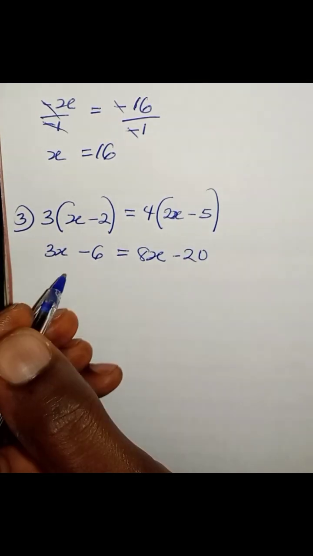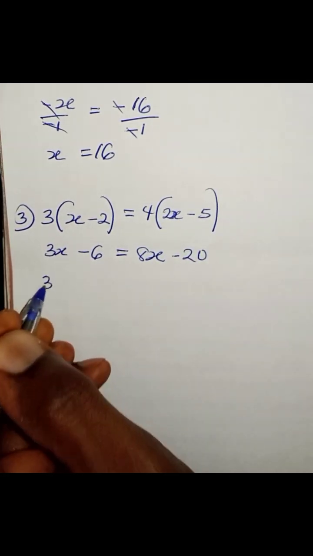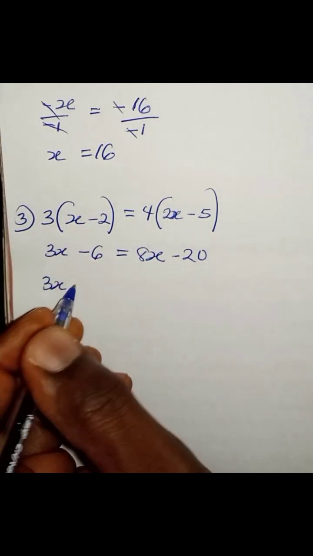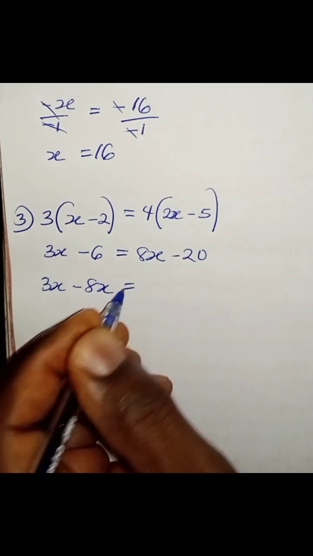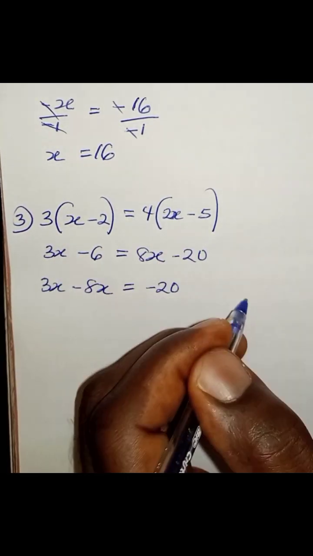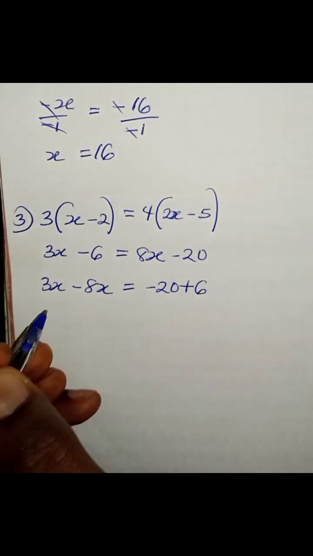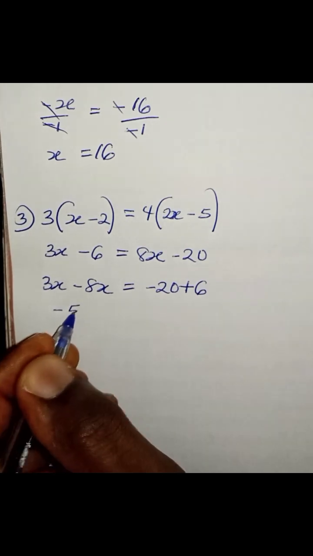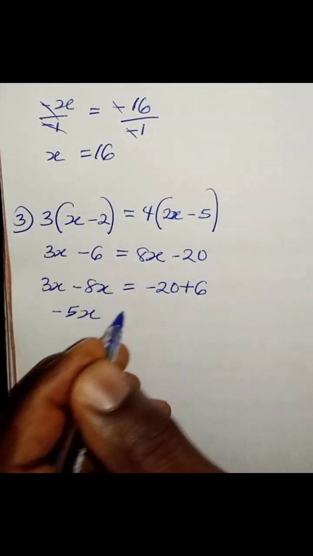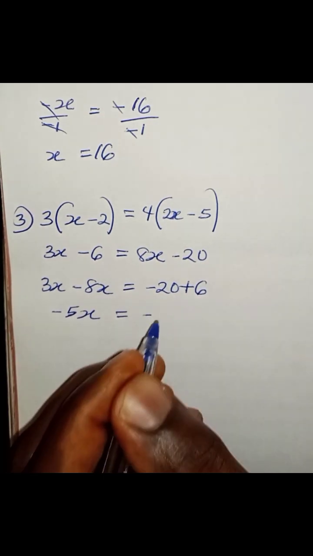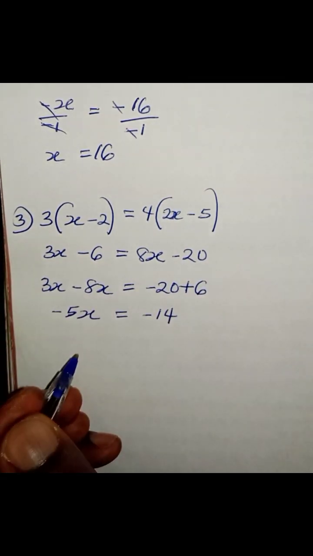Then we collect like terms like we've been doing. Bring down our 3x. Plus 8x crosses the equality sign and becomes minus 8x. And that's equal to, bring down your minus 20. Minus 6 crosses the equality sign and becomes plus 6. 3x minus 8x gives you minus 5x. And that's equal to minus 20 plus 6, which is minus 14.